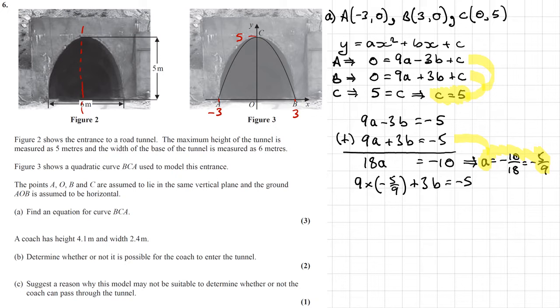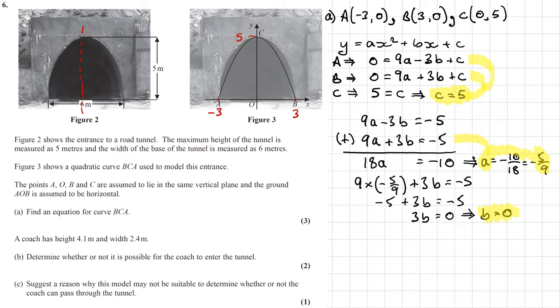So that will give me -5 plus 3b is equal to -5. Add 5 to both sides, and I'll get 3b is equal to 0, and that gives me b is equal to 0. So that's my last value.